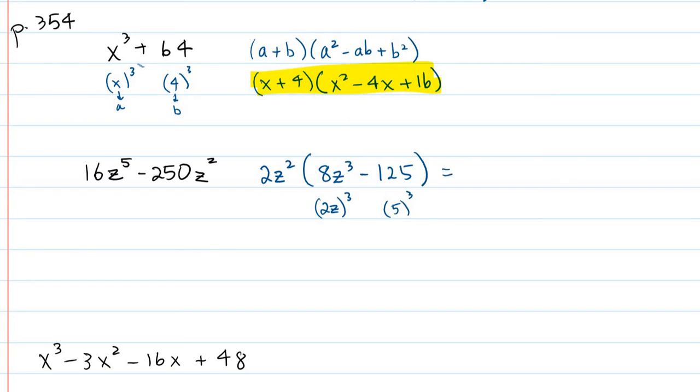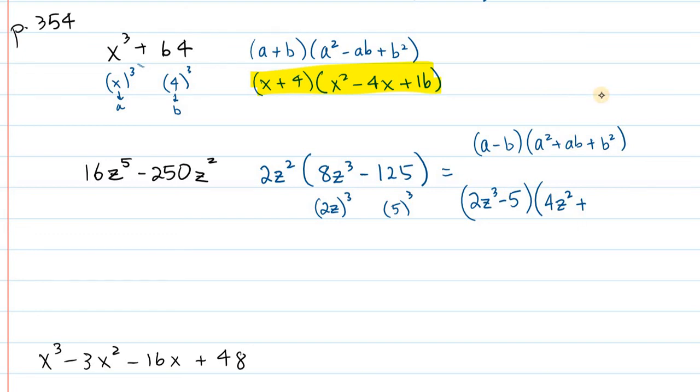In this case, the pattern is just slightly different with the signs. So it's A minus B, A squared plus AB plus B squared. So we're just going to follow that pattern. 2z minus 5. And then 2z squared would be 4z squared. Multiply them, and I use the plus sign, even though it looks like it should be negative, I'm just following this pattern.